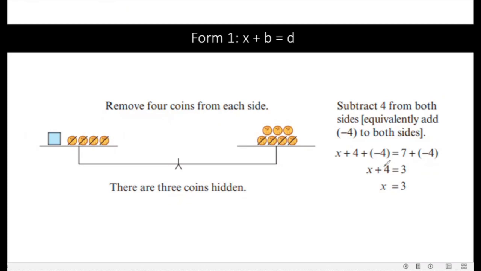Then 7 plus negative 4 is positive 3. This is the inverse: positive 4 plus negative 4 is 0. So x plus 0 equals 3. Therefore, x equals 3. Okay?